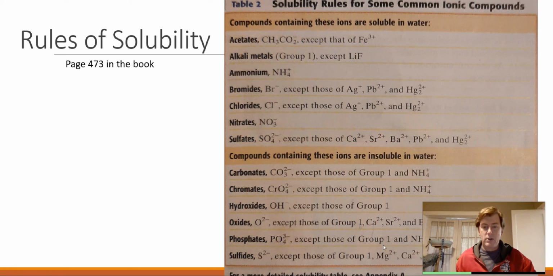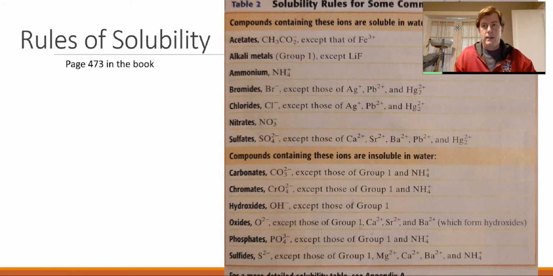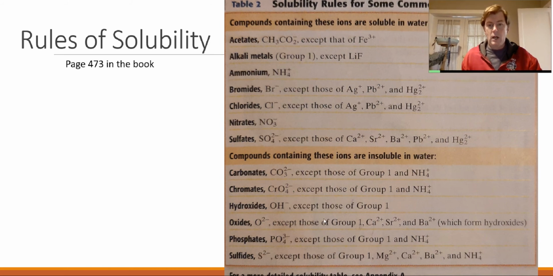Now there are a couple weird ones down here with oxygen, with calcium, strontium, and barium. They have limited solubility. So calcium oxide will make calcium hydroxide, which still has very, very limited solubility.